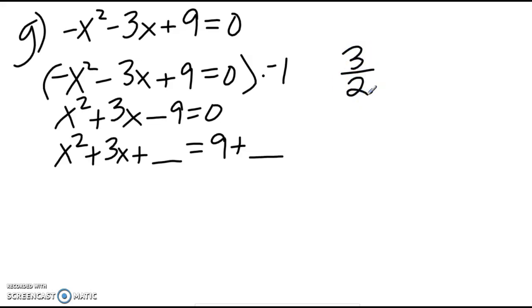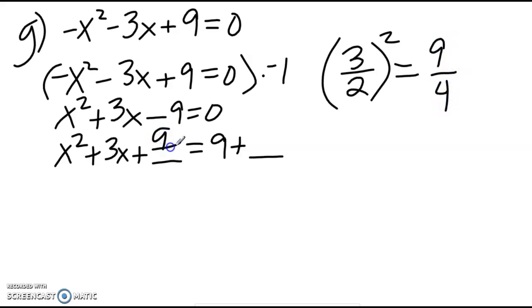I can't simplify that any. And then I'm going to square that. And that's what's going to be added in each of those blanks to complete the square on the left. And whatever we do on the left, we have to do on the right also. So that's going to give me 9/4. So that's what I'm going to add here.